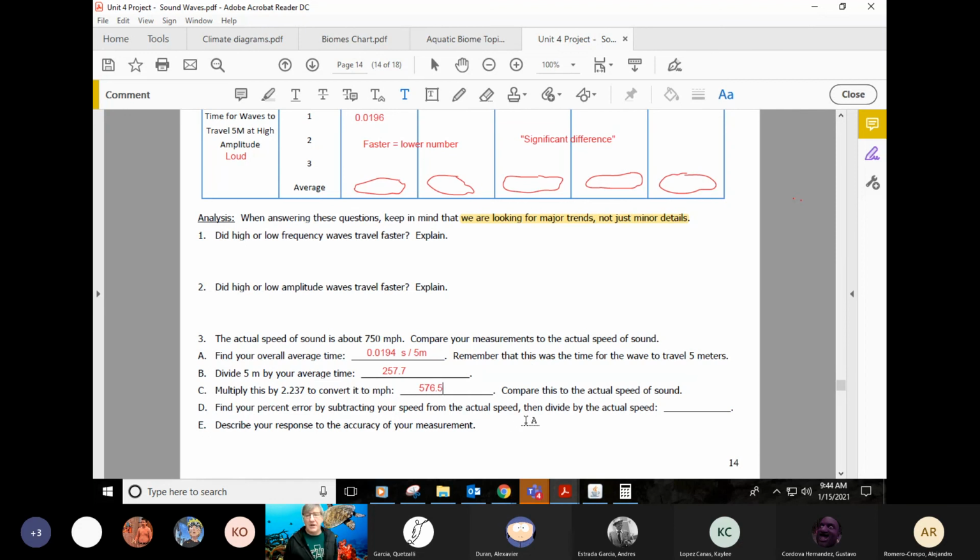Now, how does that compare to the actual speed of sound? Remember, the actual speed is 750, and here I calculated 576. So what does that tell us about how accurate my measurements were? Well, let's find our percent error first.